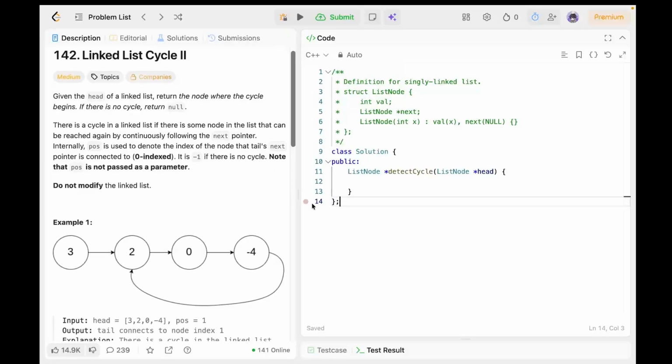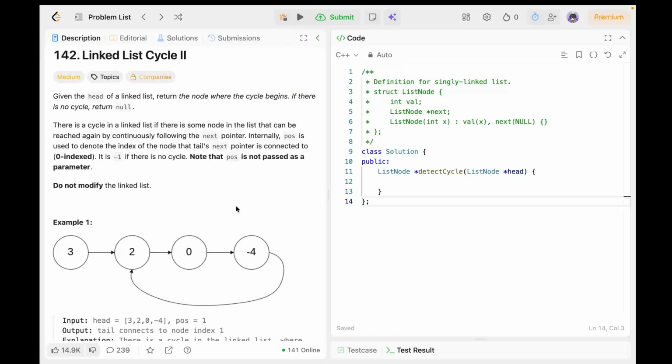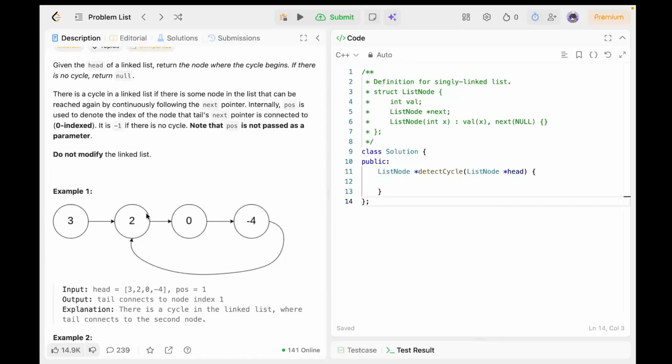This problem is saying that you have to return the starting node of the linked list where the cycle is being started. So it basically means you have to return the starting node from where the cycle begins. In example 1, you have to return 2 because it's the starting position from where the cycle begins.